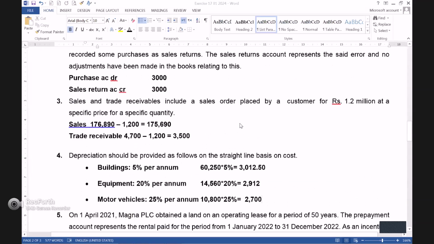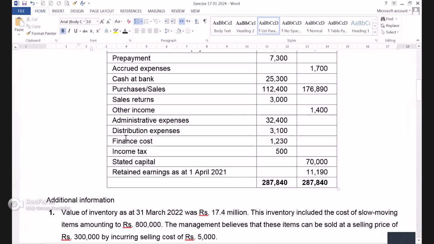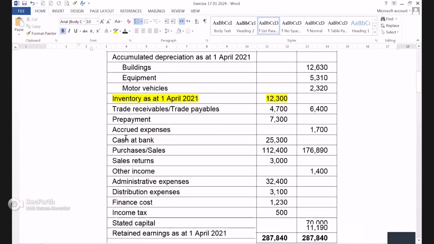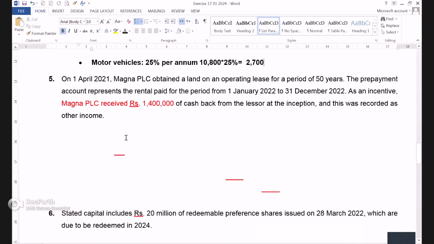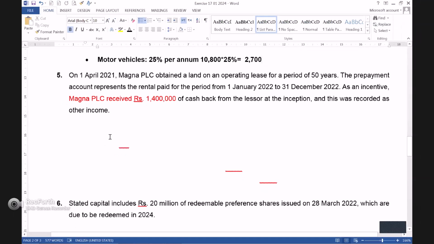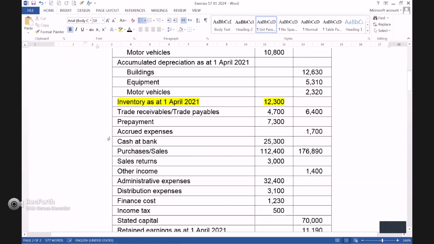What about any information in the statement of trial balance?